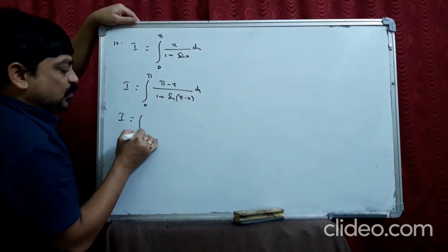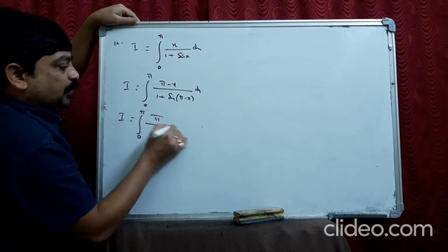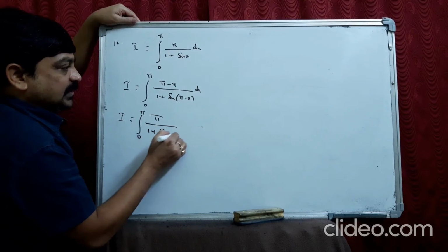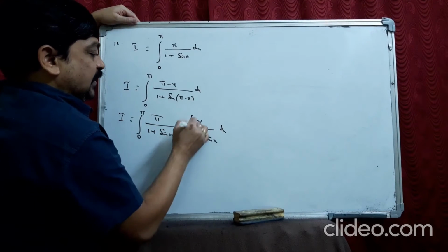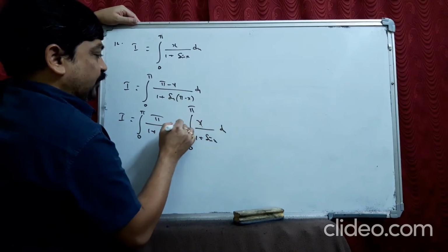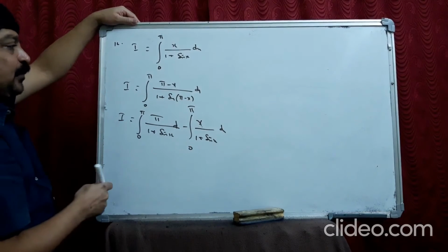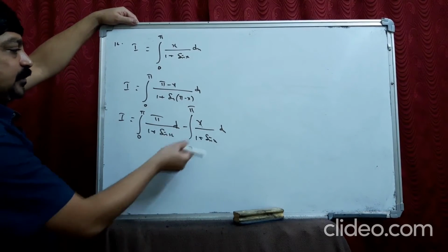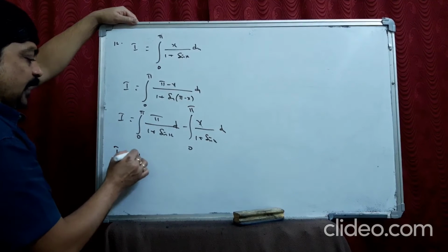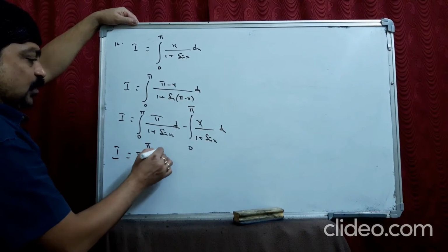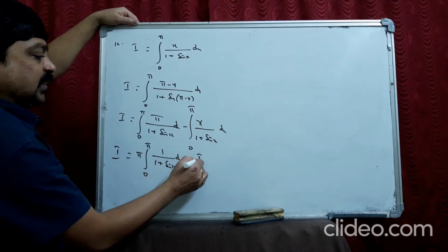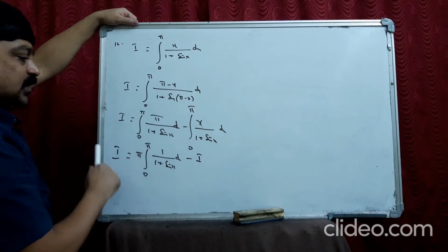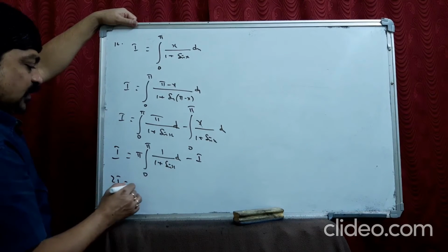So it becomes the integral from 0 to pi of pi minus x by 1 plus sin x dx. If I split this separately, then again I is equal to pi outside, the integral from 0 to pi of 1 by 1 plus sin x dx, minus I. Bring this minus I here, 2I is equal to pi.